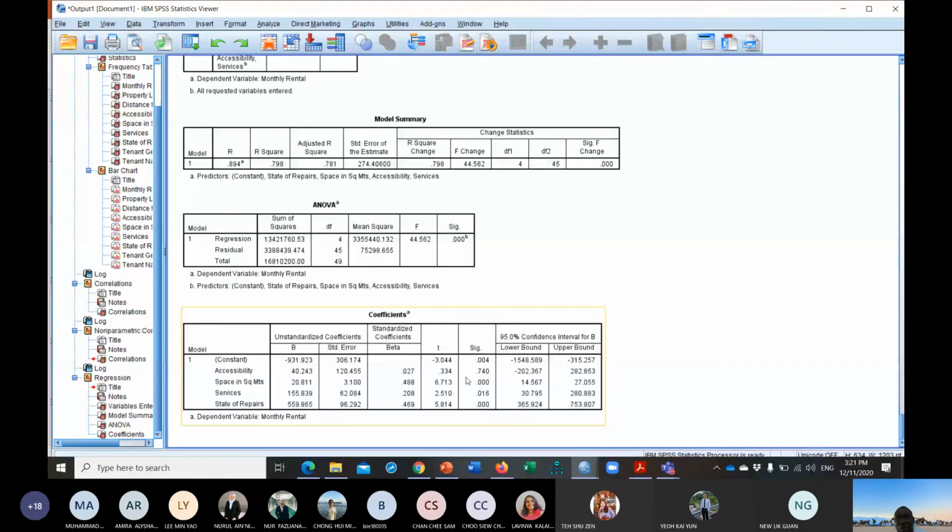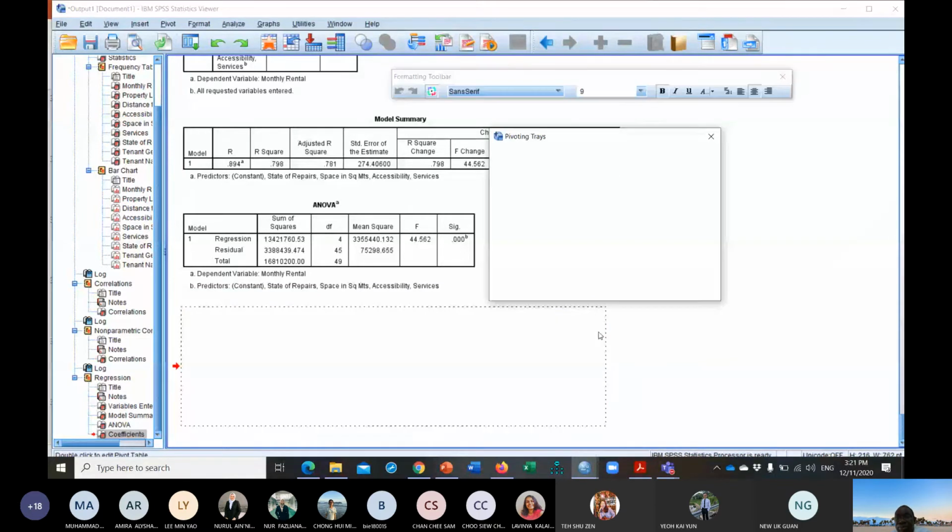However, when we want to write this equation, let me see if I can copy this table. I want to copy this table.